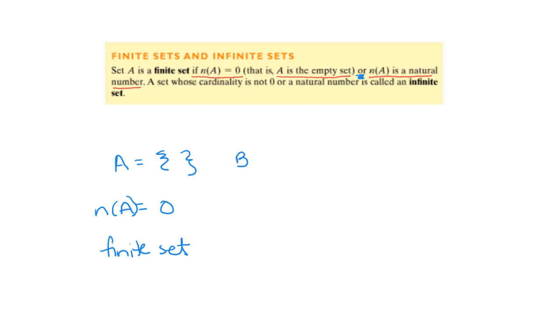If I gave you another example, set B contains a few elements, and we have the cardinality of set B. In this case, there are 3 unique elements. So if it is a natural number, the number 3 is a natural number. This is also called a finite set.